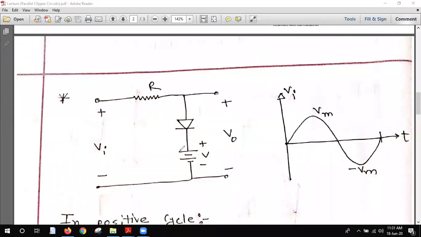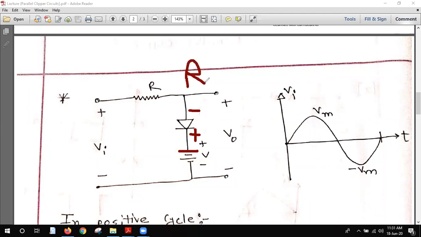But there is a DC supply available here. You see that for the DC supply, this will be plus, this will be minus. So you can predict that this is the reverse bias condition.